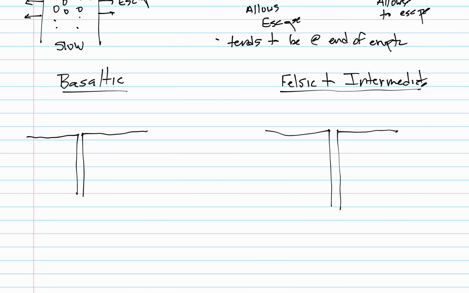The form of these two lavas will be different. In a basaltic lava, it will ooze out and just stay as a very thin sheet as it covers the land. Whereas a felsic to intermediate, this will actually stack up and be unable to flow very far. And you end up getting this really jagged, thick, ugly lava dome. Very vastly different shapes.